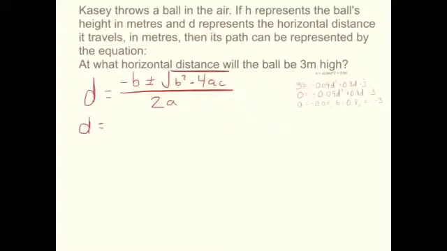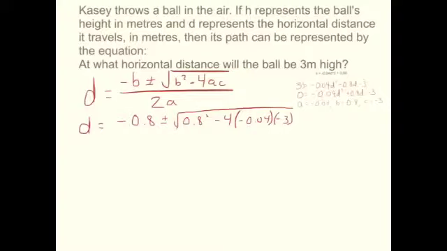So my negative b is going to be negative 0.8. Plus or minus the square root of b squared, 0.8 squared, minus 4, and then a is negative 0.04, and c is negative 3. So there's b squared minus 4ac.